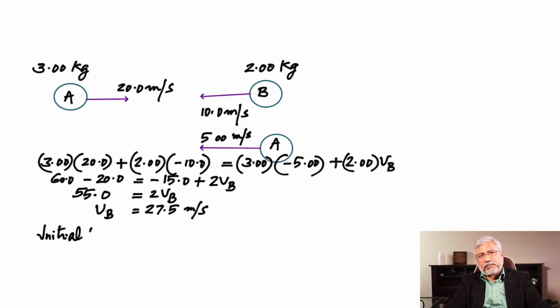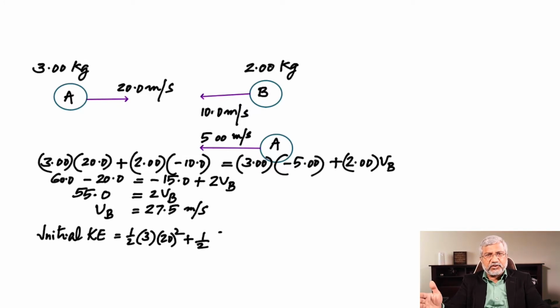But through this example, I want to show you that kinetic energy has not been conserved. Or in other words, the final kinetic energy is less than the initial kinetic energy. So we calculate the initial kinetic energy of the first object. Kinetic energy is 1/2 times mass times velocity squared.